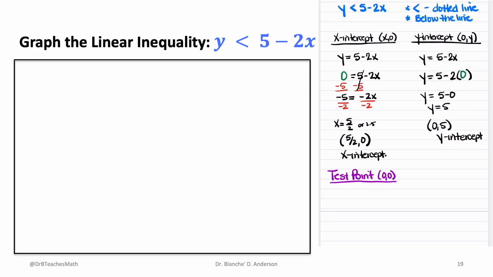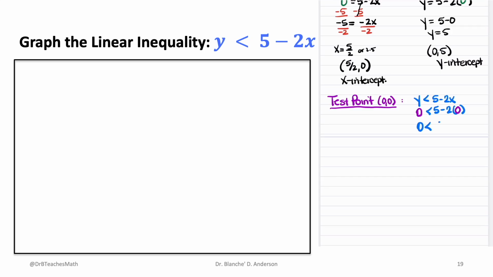So let's check. We have y is less than 5 minus 2x, but everybody's going to be 0, right? 0 less than 5 minus 2 times 0. So far, so good. 0 is less than 5 minus 0. 0 is less than 5. That is true.